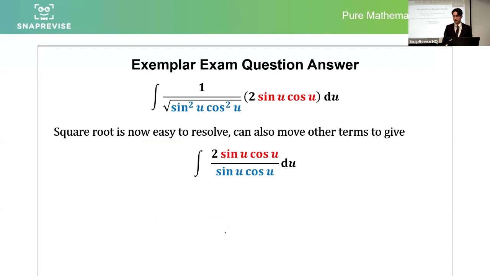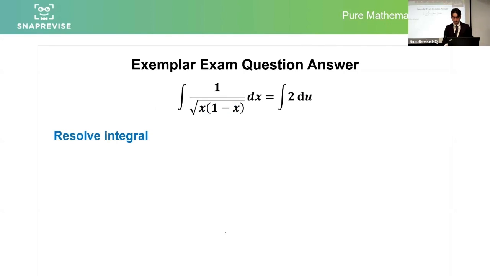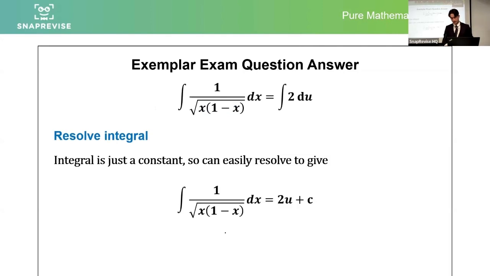So this is going to really, really simplify down to the integral of 2 with respect to u. It's just putting it back at the end. We've got to be careful because obviously we want the answer back in x. Now, if you integrate 2 with respect to u, you're just going to get 2u plus c.